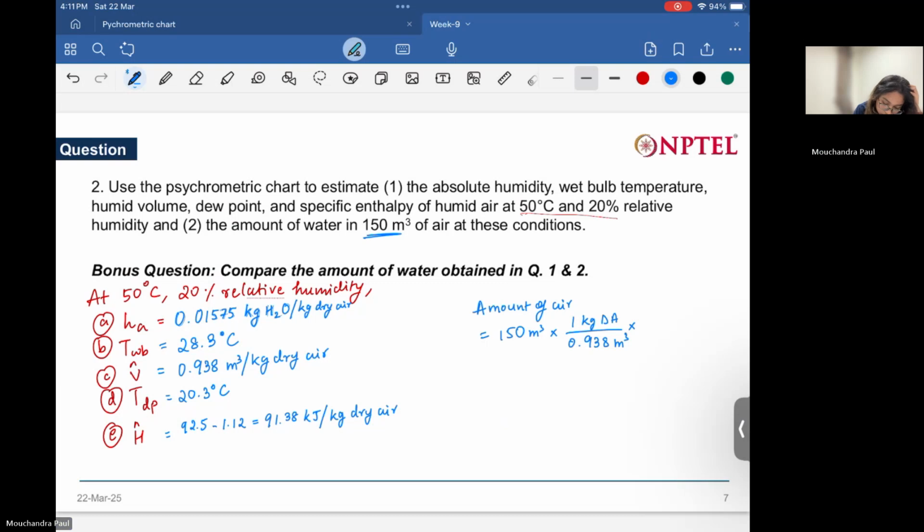And 1 kg, multiply it with absolute humidity.